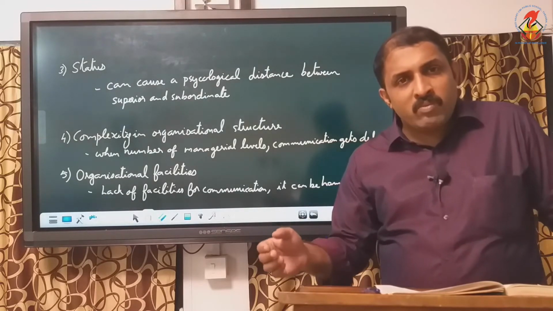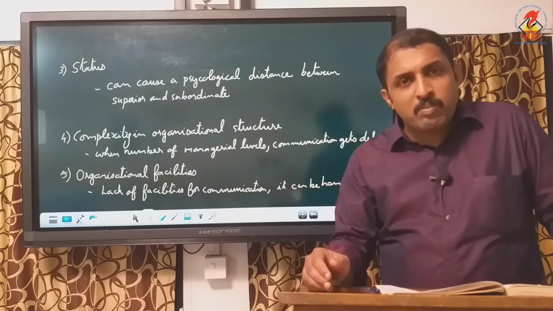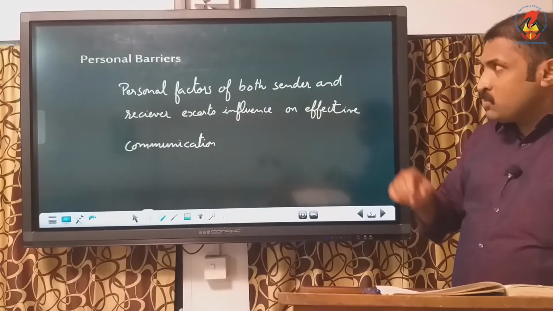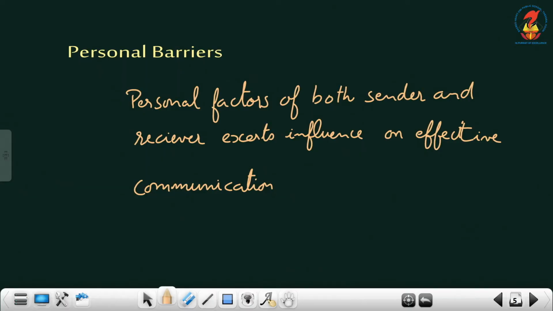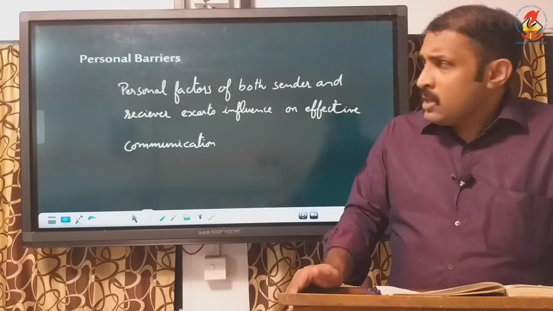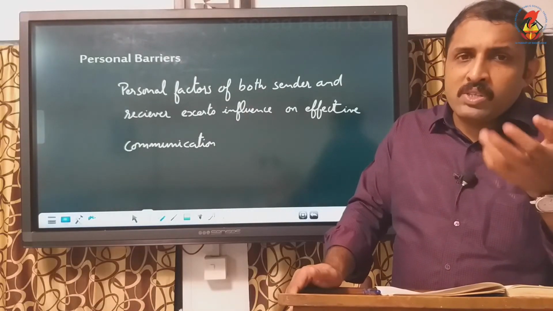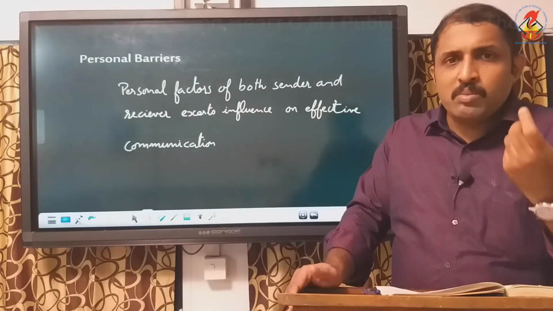Now I was saying we will be discussing one more type of barrier, and that is personal barriers. Personal barriers are personal factors of both sender as well as receiver. That means it differs from person to person, and can create influence, whether it be sender or receiver.